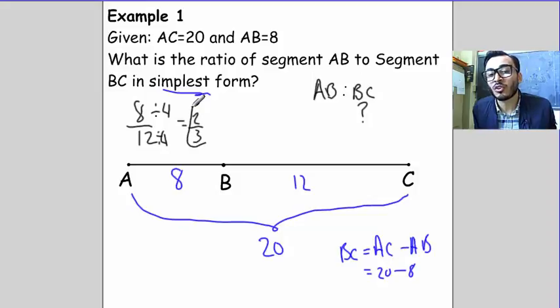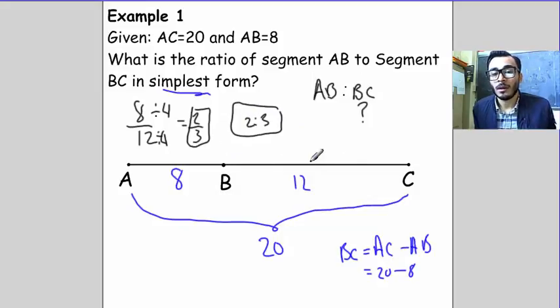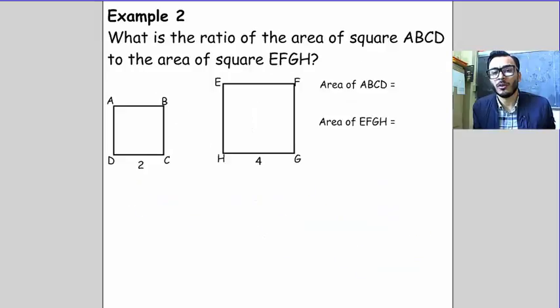So it's a 2 to 3 relationship, right? It's a 2 to 3 ratio. That's the ratio of AB to BC, right? We could say it's 8 to 12, but we want to simplify it and say it's a 2 to 3 relationship. Here's another example. What's the ratio of the area of square ABCD to the area of square EFGH?